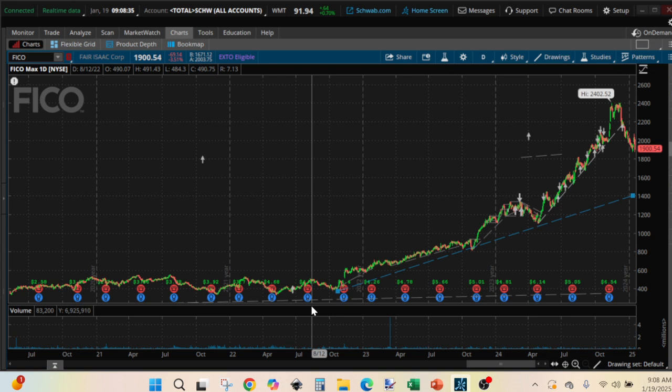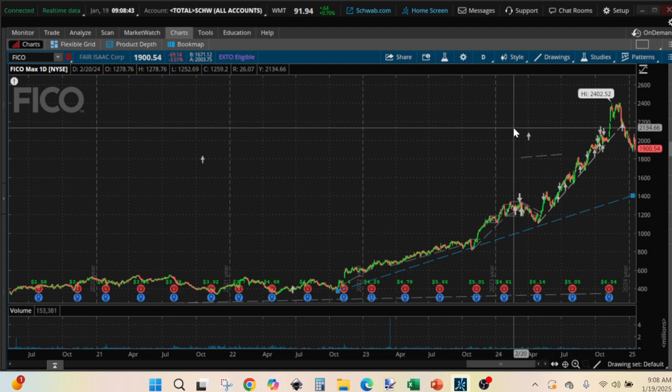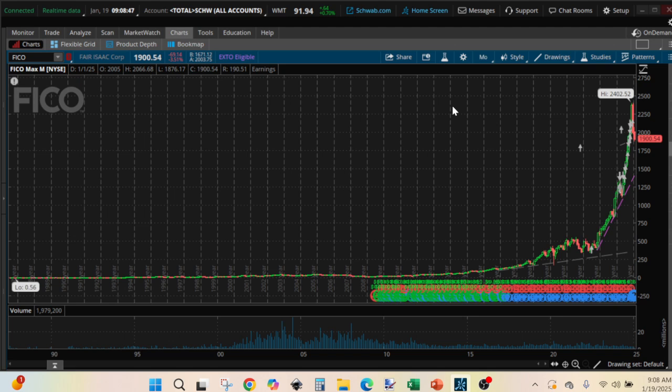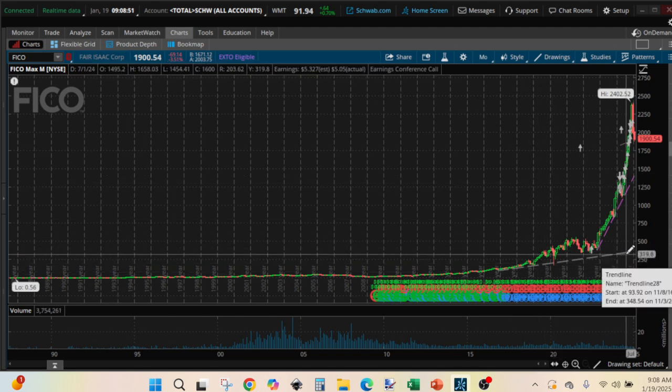And this one is quite low, so I just don't think it's going to come down to it, but we will see better when we go to the maximum monthly chart. So we have this that is a little bit low.